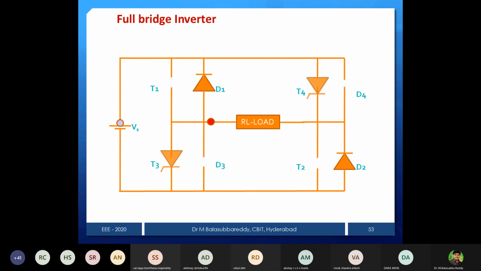Now I am giving a pulse to T4 and T3, so the current passes through T3 and T4. Then immediately the diodes will be forward biased to dissipate that energy. Here the diodes are D1 and D2. Like that you will get the conduction of all the devices, whether diodes or thyristors, and that is the output waveform.